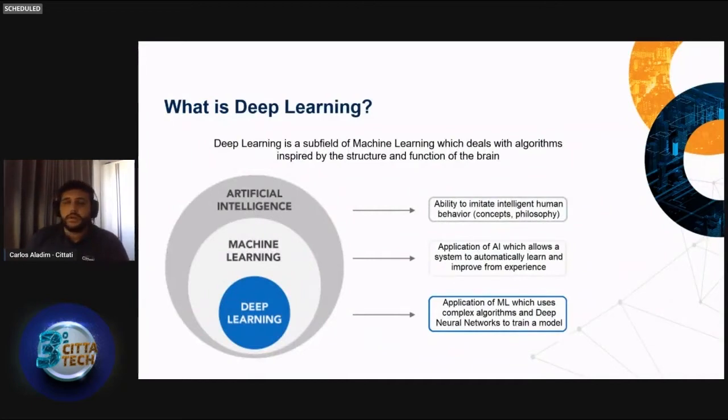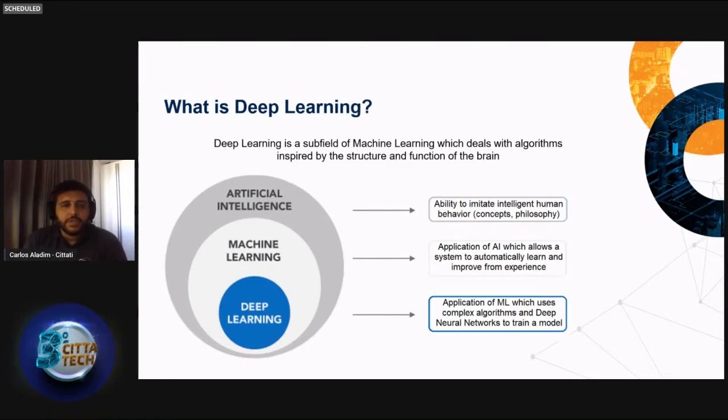So, what's deep learning? Deep learning is a subfield of machine learning, which deals with algorithms inspired by the structure and the function of the human brain. So we have artificial intelligence as our main topic here, which covers the concepts and the philosophy involving the capacity of the machine to learn and do stuff by itself, evolve the algorithm all by itself.